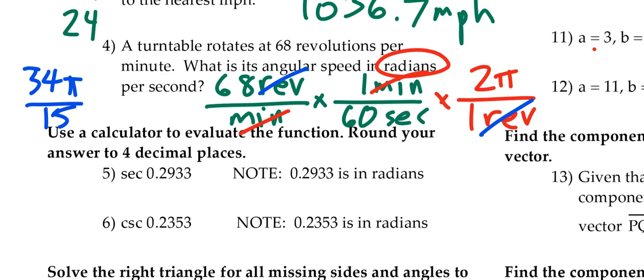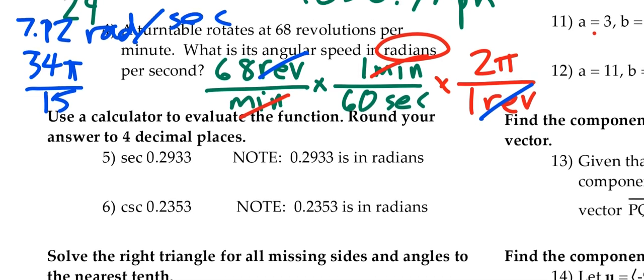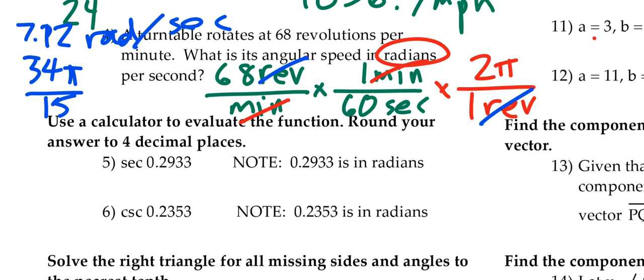You might type that all out, and you're actually going to get the decimal 7.12 radians per second. It's multiple choice, obviously, so we just reduced.